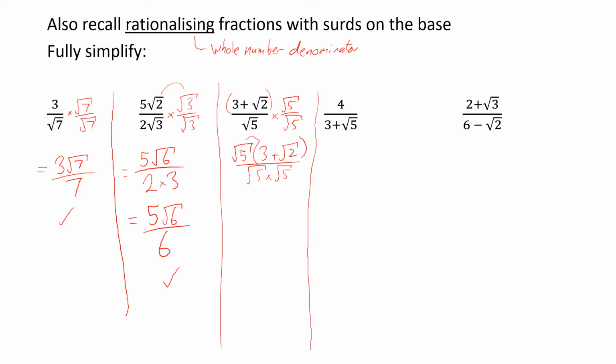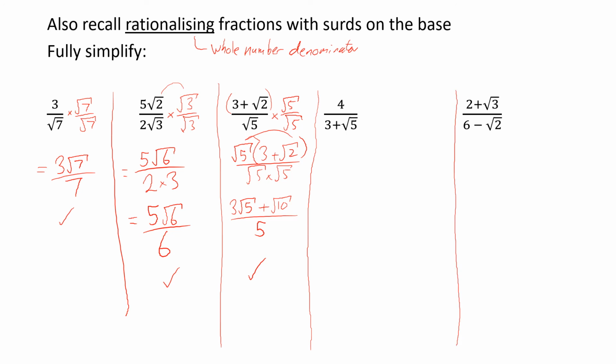We could then expand this, so we'd end up with 3 root 5, and then root 5 times root 2 times the surds together, root 10. On the bottom, root 5 times root 5 is just 5, and then we just need to think, can we simplify anything here? Well, root 5 doesn't split up into a square number, root 10 doesn't split up into a square number, so that's done.